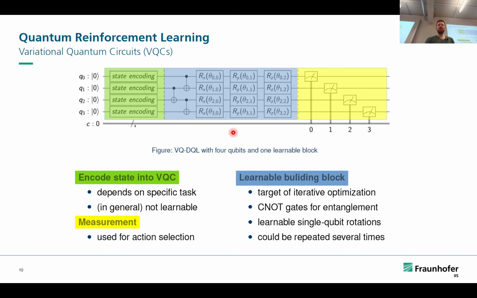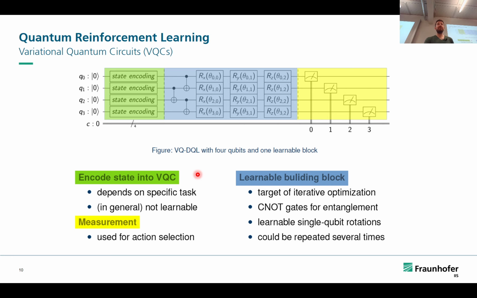Then in the middle, we have the basically learnable blocks, where we just have parameters. So for example, rotation angles of our qubits that we can adjust. And those correspond to the weights of a neural network. And we also usually use some entanglement gates to just basically be able to access a large room of this big Hilbert space and to make our model expressive.